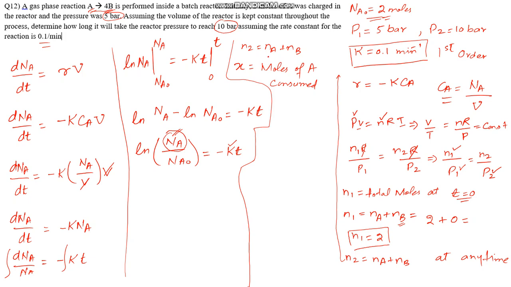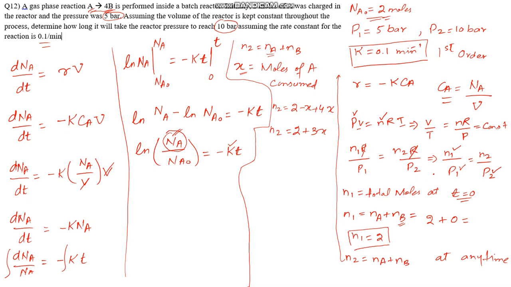So Na will be 2 minus X. Nb: if 1 mole is reacted, 4 moles of B are produced, so if X moles are reacted, 4X moles of B are produced. So N2 will be equal to 2 plus 3X.